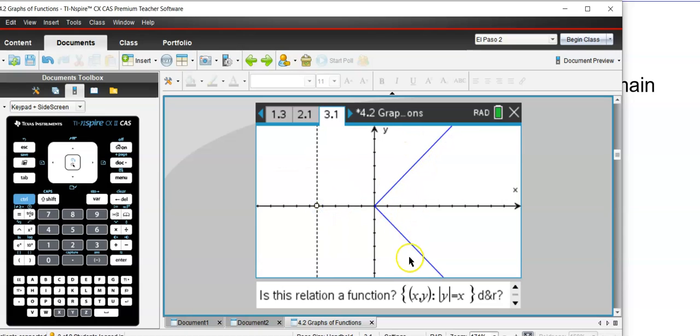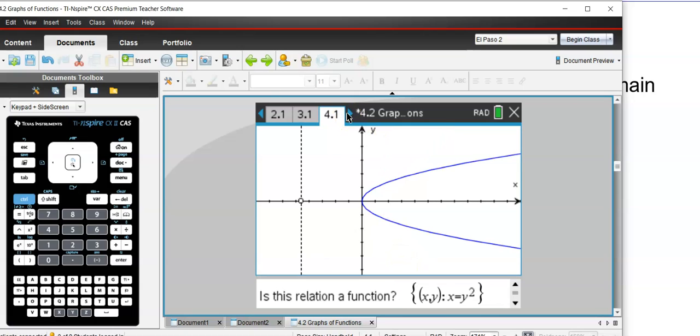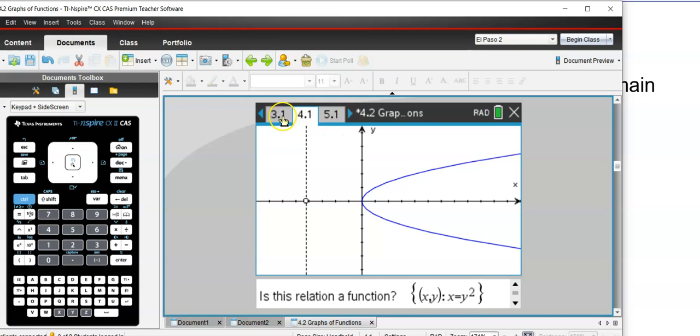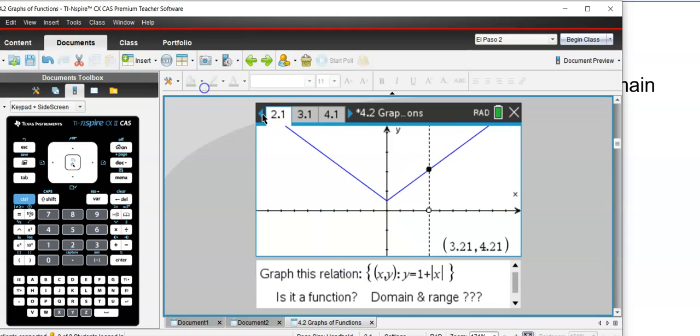Those 2 points are vertical from each other. That is definitely not a function. Here, you can probably just tell from looking, that's definitely not a function. It doesn't pass the vertical line test. So what you are looking for are things like this, where it does pass the vertical line test because it only crosses at one point at a time.